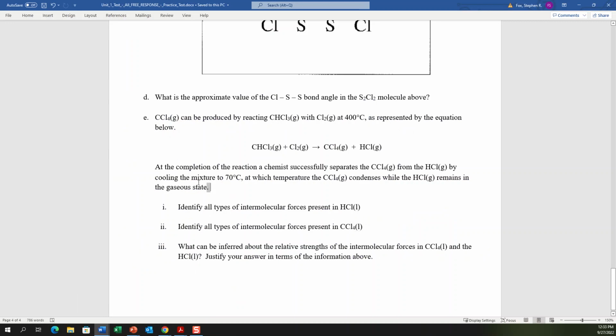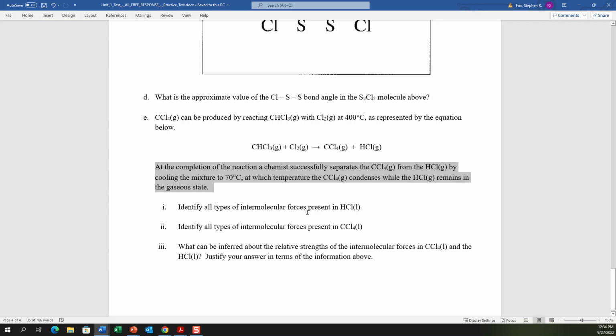If this explanation wasn't given right here, and they just said, which one of these, HCl or CCl4, would have the higher boiling point or just stronger IMFs, then if you weren't given this information, yeah, you could say probably HCl because it has dipole-dipole interactions and London dispersion, whereas the CCl4 only has London dispersion forces.